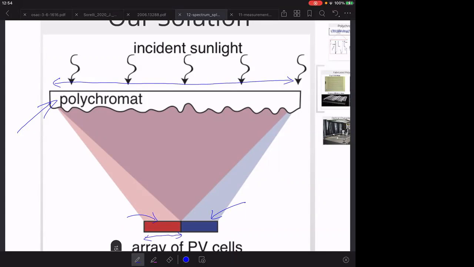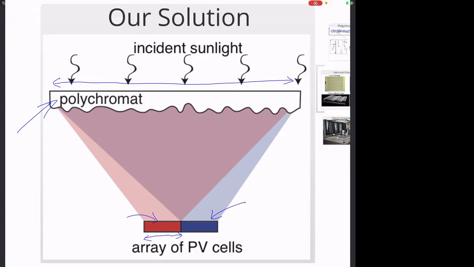So it is doing both spectrum splitting and concentration at the same time. And clearly, you also need to track the sun because you are doing concentration. So for instance, even though I drew these arrows in a curved fashion, this is assuming normal incidence light. Now, if I come in at an angle, these spots will move, so I need to essentially track the sun.